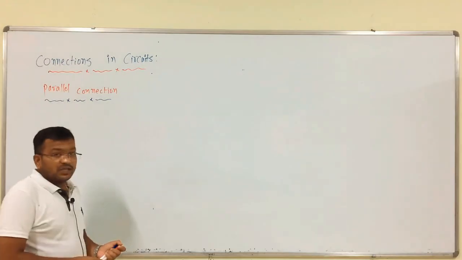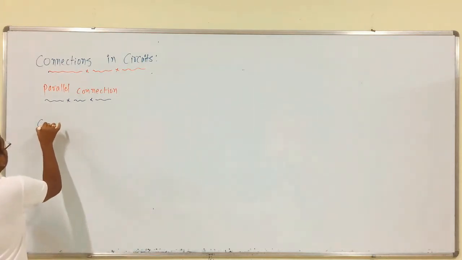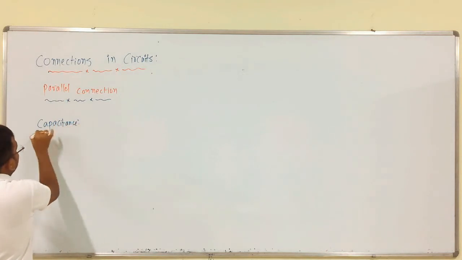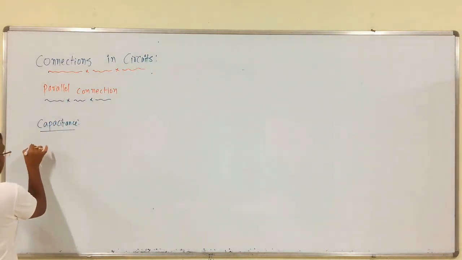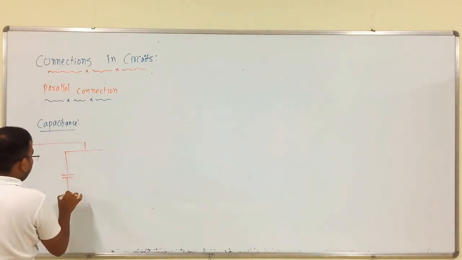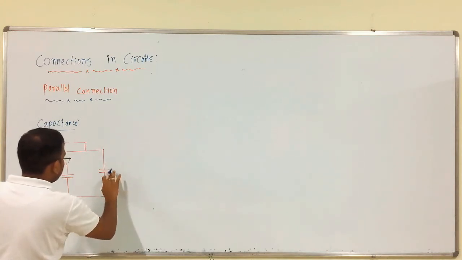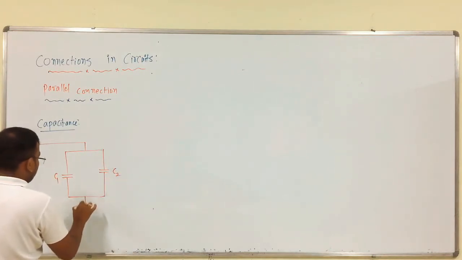Okay. Next, the last one is capacitance. For this, this is one branch, this is another branch, right? This is C1, C2.